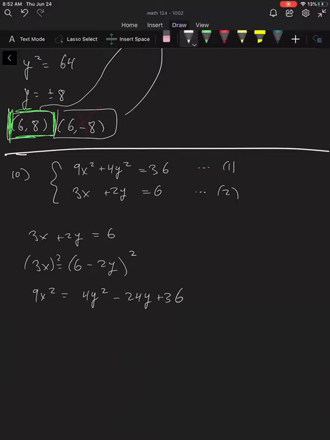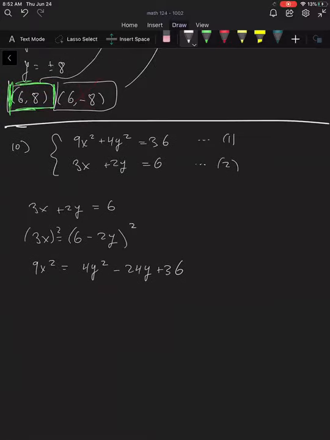Is that correct? Let's see. We have that squared, that times 2, and then that squared. Yep. Okay, so now we know that 9x squared is 4y squared minus 24y plus 36. So here's equation 1: 9x squared plus 4y squared is equal to 36.